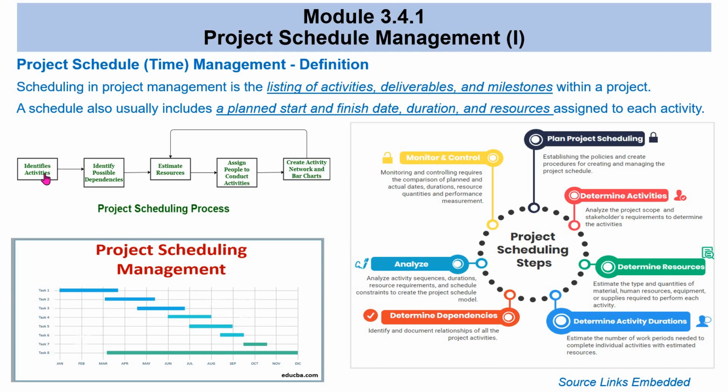You first need to identify which activities you want to execute within the project. And then you identify the dependencies. If I'm going to build a storage or build a car, for the storage I need to first buy the materials, build the foundation, build the side walls of the storage, and then put a roofing over it and maybe do the electrical works.